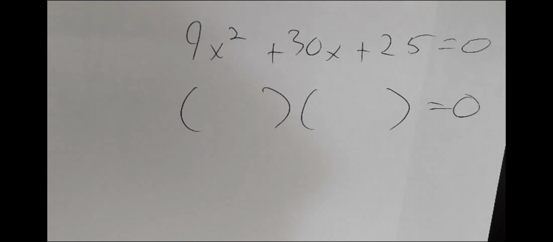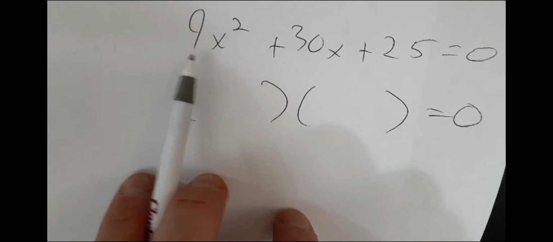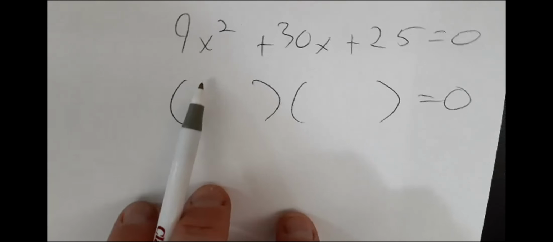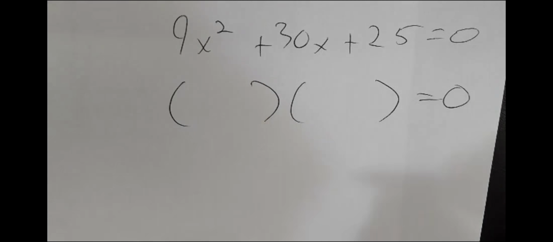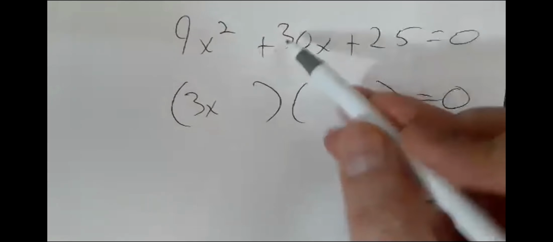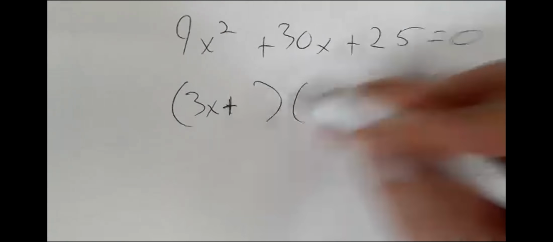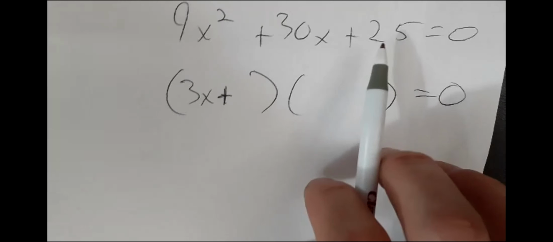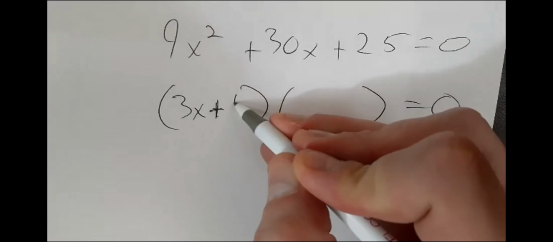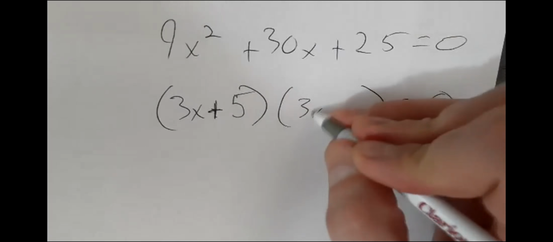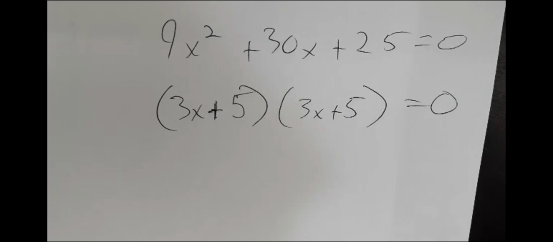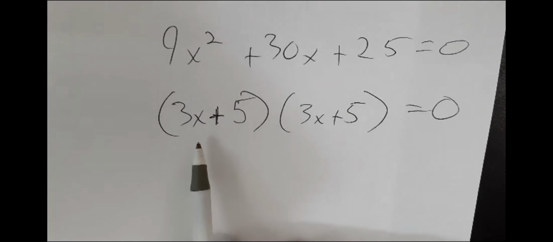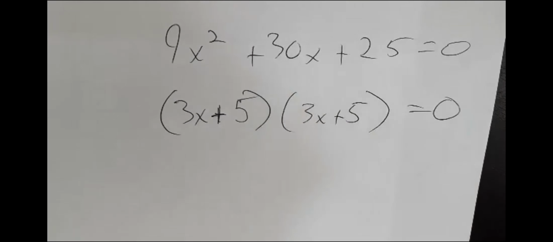Do y'all know the shortcut on that thing? What if you square root this, what do you get? 3x. This side is positive, so this side is positive. If we square root this, what do we get? 5. So it should be 3x plus 5. And if we check that middle term, 5 times 3x is going to give me 15, plus 15 would give me 30.